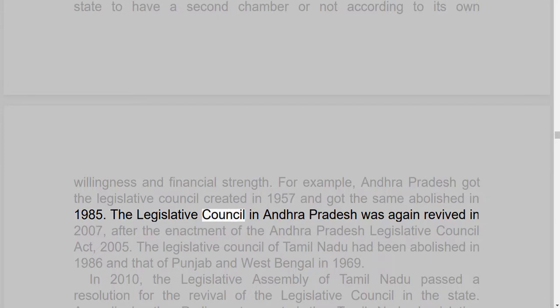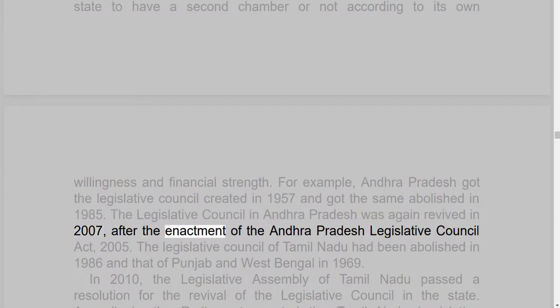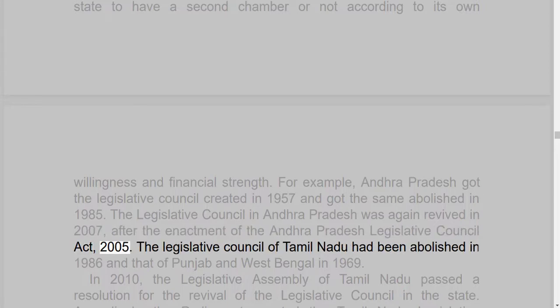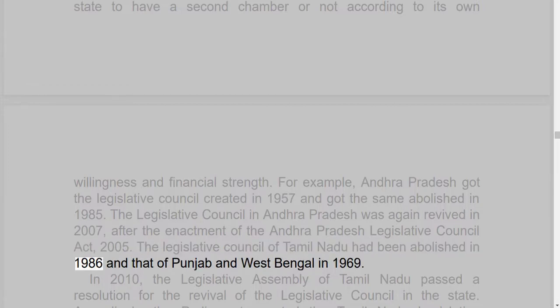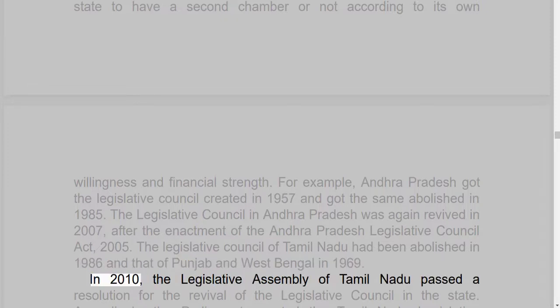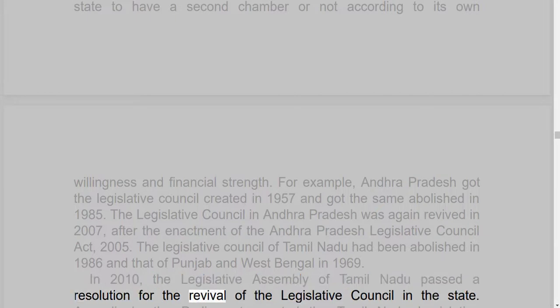The Legislative Council in Andhra Pradesh was again revived in 2007 after the enactment of the Andhra Pradesh Legislative Council Act, 2005. The Legislative Council of Tamil Nadu had been abolished in 1986 and that of Punjab and West Bengal in 1969. In 2010, the Legislative Assembly of Tamil Nadu passed a resolution for the revival of the Legislative Council in the state.